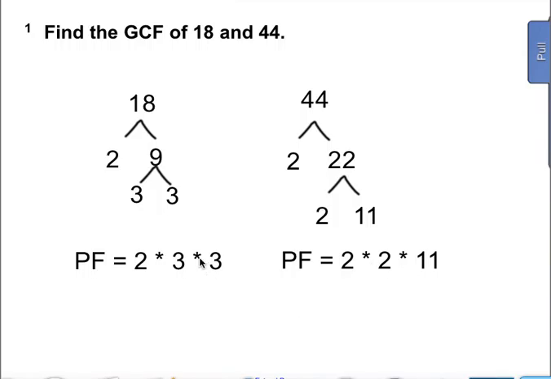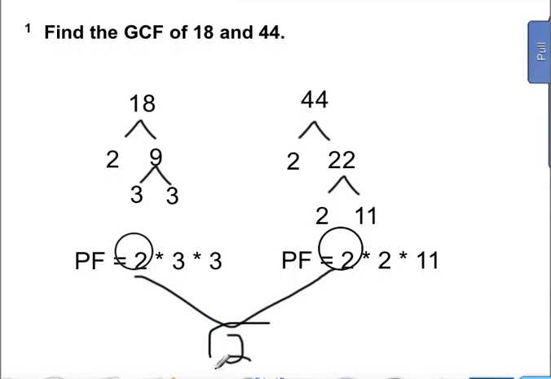Now the first step is to find the matching numbers in both factor trees. I have a 2 and a 2, and that's all that matches. So therefore, the only common factor that I have in my factor trees of 18 and 44 is 2. Therefore, 2 is the greatest common factor of 18 and 44.